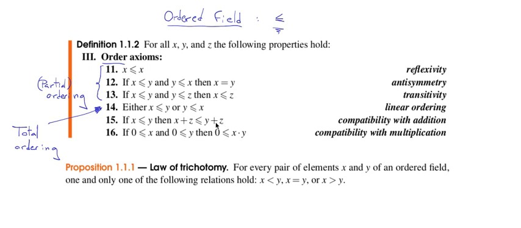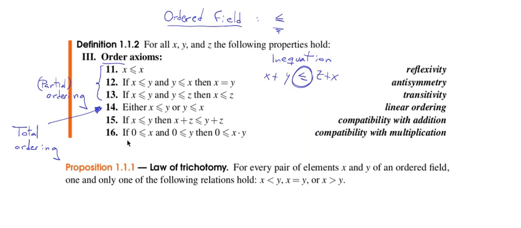This will be very useful when we deal with inequations. Inequations are expressions of the form like this, where this smaller or equal is involved. They call it inequation because there are inequalities involved.